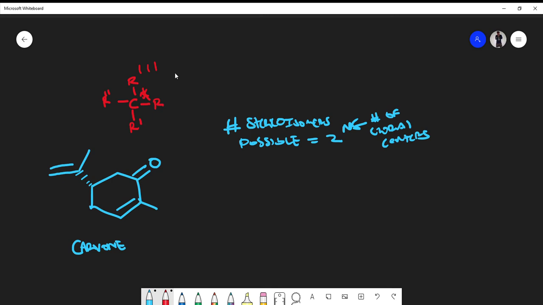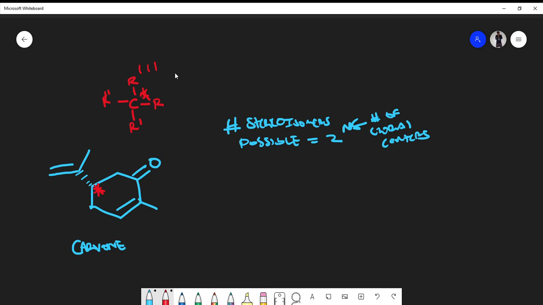It's double bonded to a carbon, and single bonded to another carbon and 1 hydrogen. So this is not chiral. Is this center chiral? No, it has 2 hydrogens on it, so 2 of the same thing cannot be chiral. However, this is chiral. This is our chiral center.